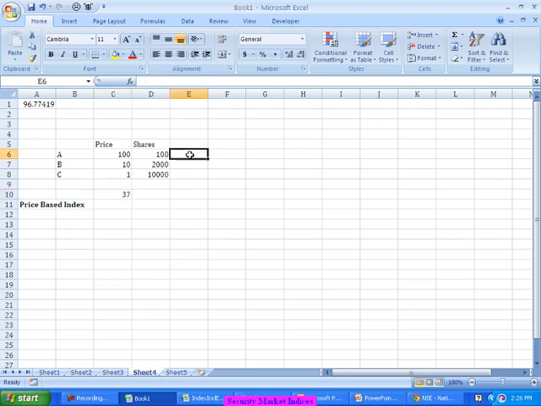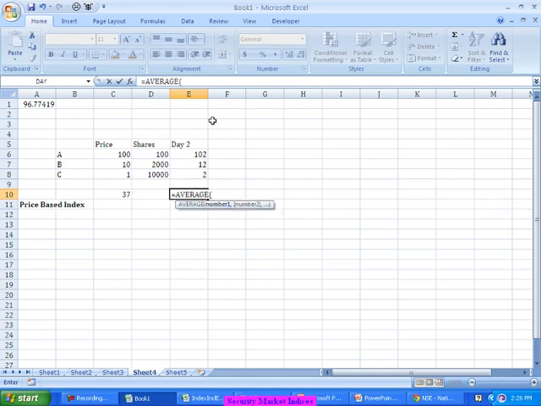Now the next day, day 2 after the index is formed, let's say this price has gone to 102, this has gone to 12, and this has gone to 2. The prices have increased. Now the index also increases accordingly, as the average is again taken on day 2. The index becomes 38.66. This is the price based index mechanism. Very easy to calculate, right?